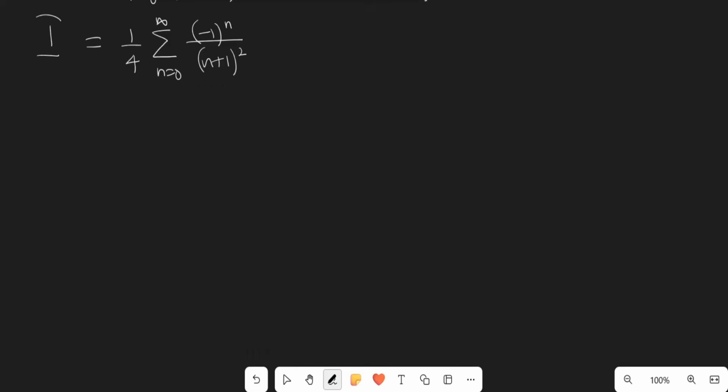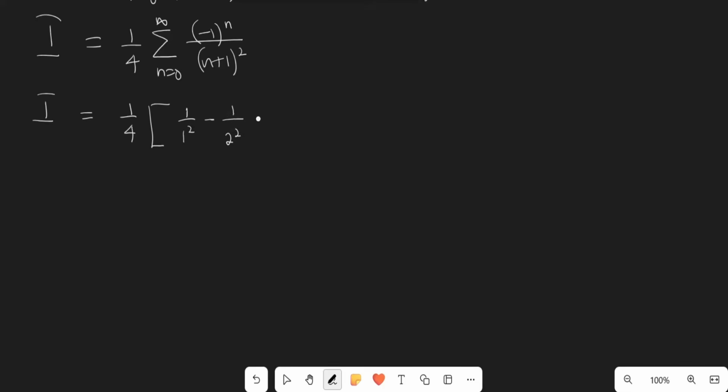So permit me to write a few terms of this summation, right? Just the first few terms. This is summing to infinity. So if you plug in 0, -1 raised to the power 0 is going to be 1, and the denominator is going to be 1 squared. So we have 1 over 1 squared. When you plug in 1, that is going to be a negative value. So it's going to be 1 all over, the denominator is now going to be 2 squared.